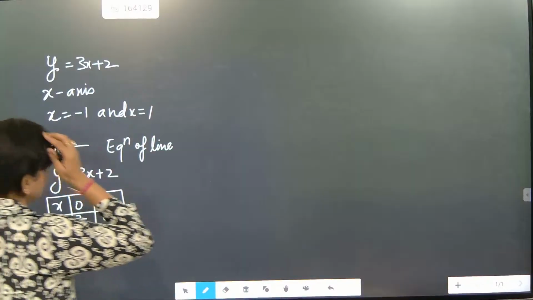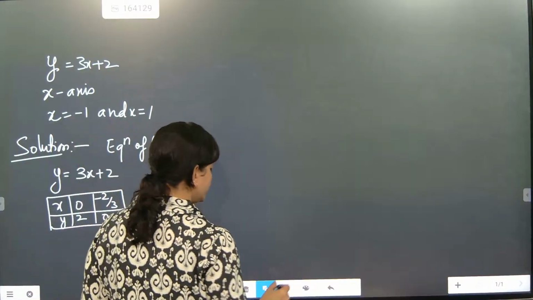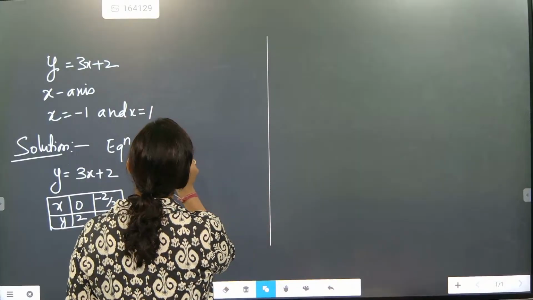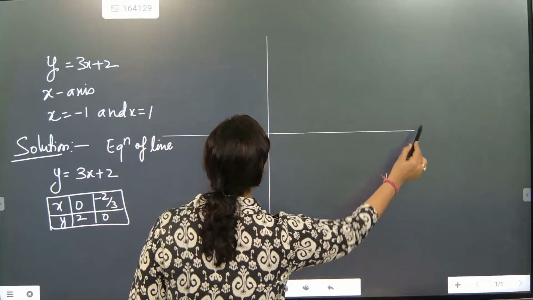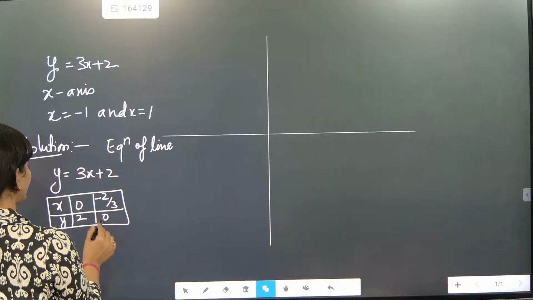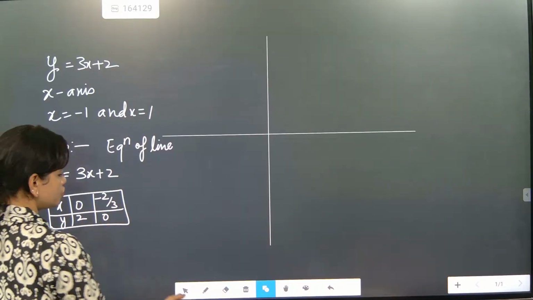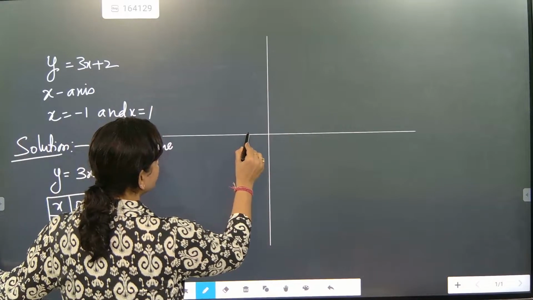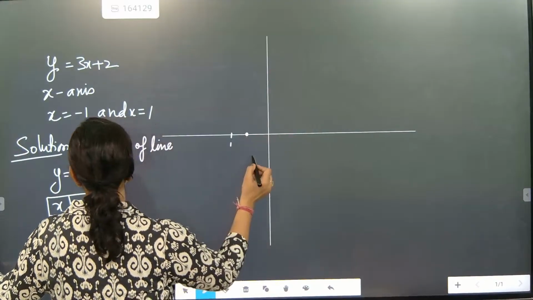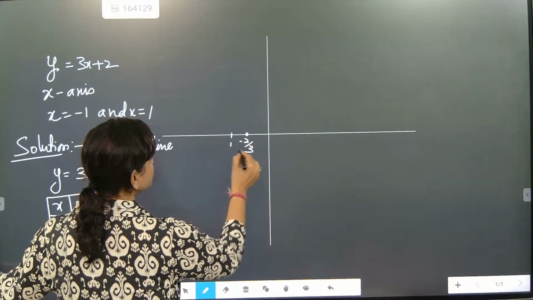Understood. So now look at it. So first one, what we are going to do is, now we have to trace the point y is equal to 0, x is equal to minus 2 by 3. So here it will become, if it is 1 means it is less than 1 means this is the point and it is coming as minus 2 by 3.